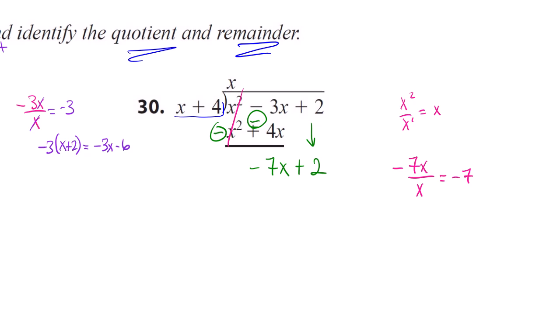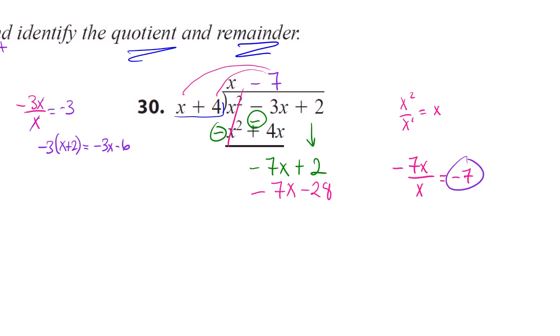So I'm going to put that up here, negative 7. Okay, so this value here goes up here, and now we're going to distribute again. Negative 7 multiplied by x is negative 7x, right? And then negative 7 multiplied by 4 is negative 28, right?